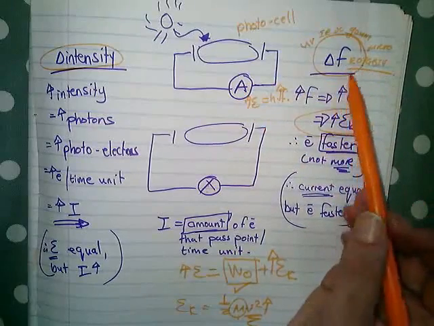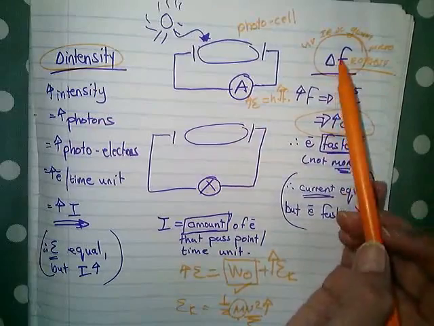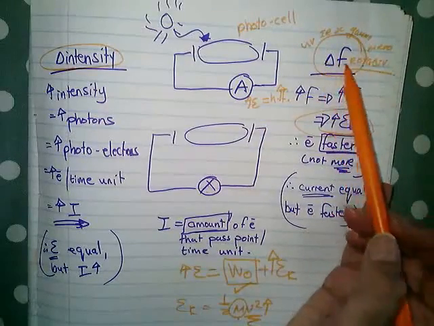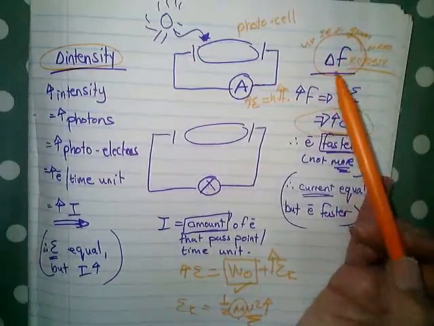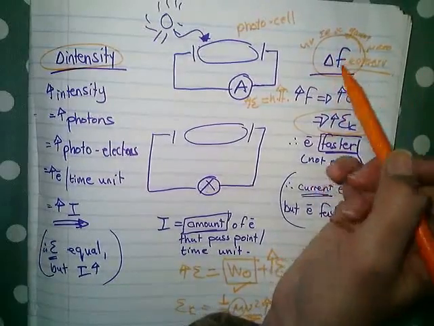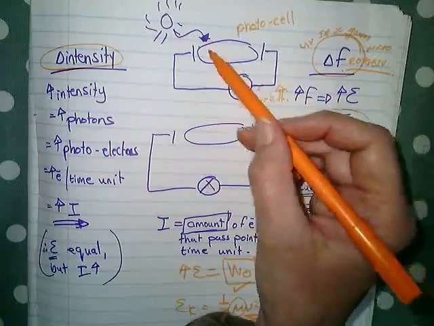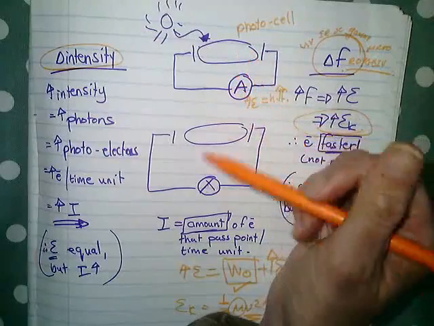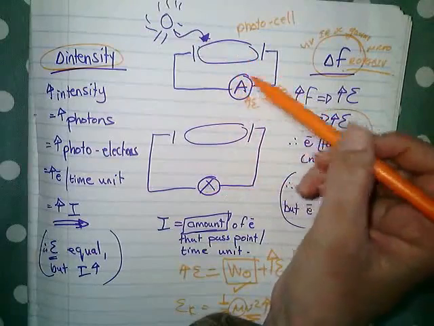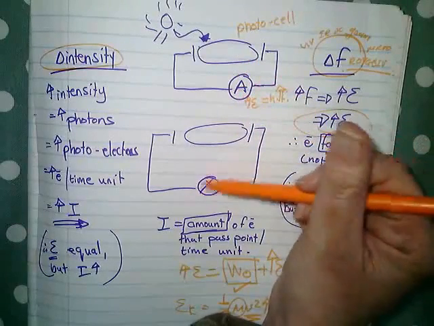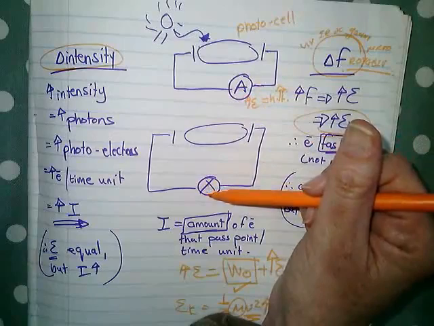The only thing that will happen is if the frequency is now lower, if we decrease it and the frequency becomes lower than the work function of the metal, then current will stop flowing, right? So then they will get a 0 reading and that light bulb will not shine anymore.